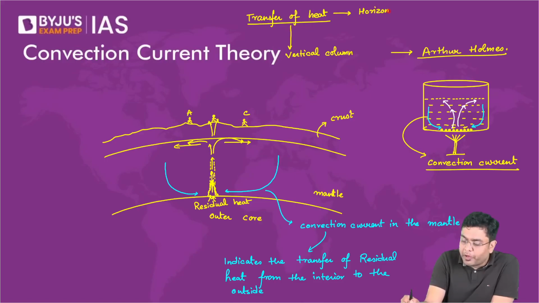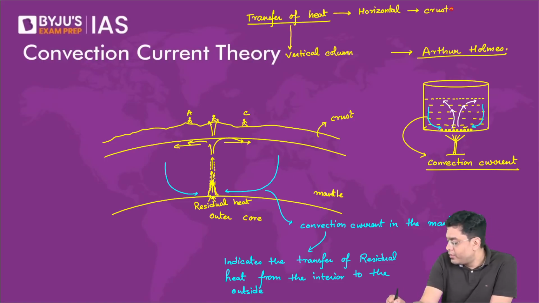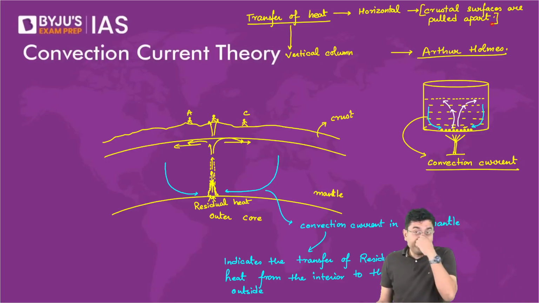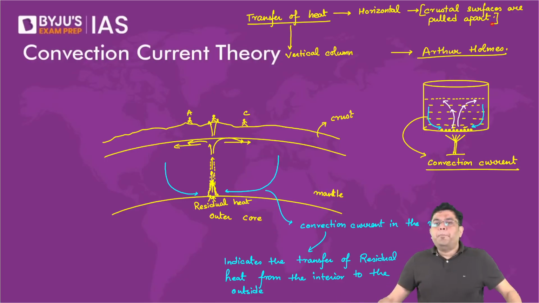In the case of horizontal movement of heat, the crustal surfaces are pulled apart. Isn't it? The crustal surfaces are basically pulled apart.